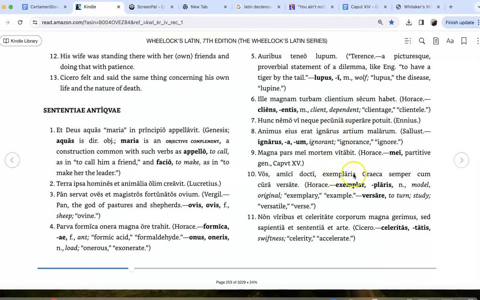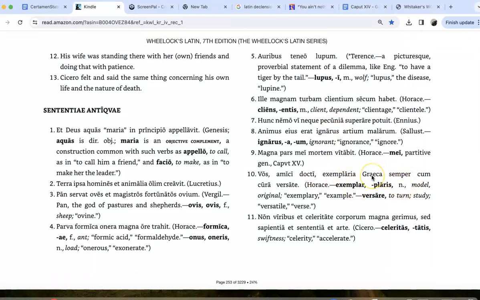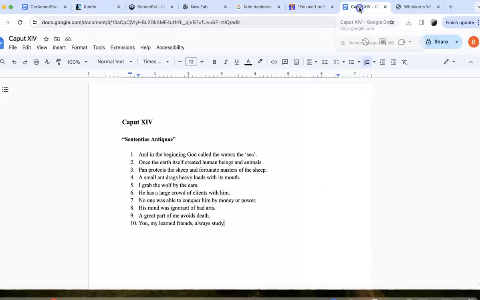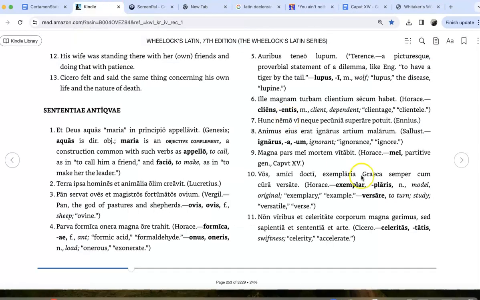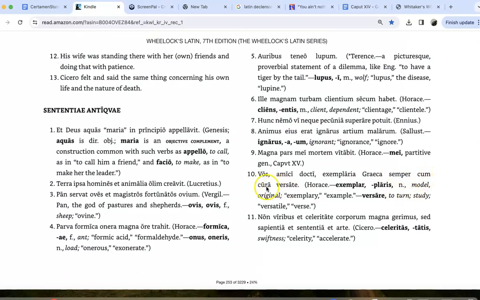But then study what? Well, here we have another neuter noun, Greek originals or Greek models. Make sure we capitalize Greek. Models, you can decide whether you want to use originals or models. And then with care, because cum is followed by the ablative when it's functioning as a preposition.